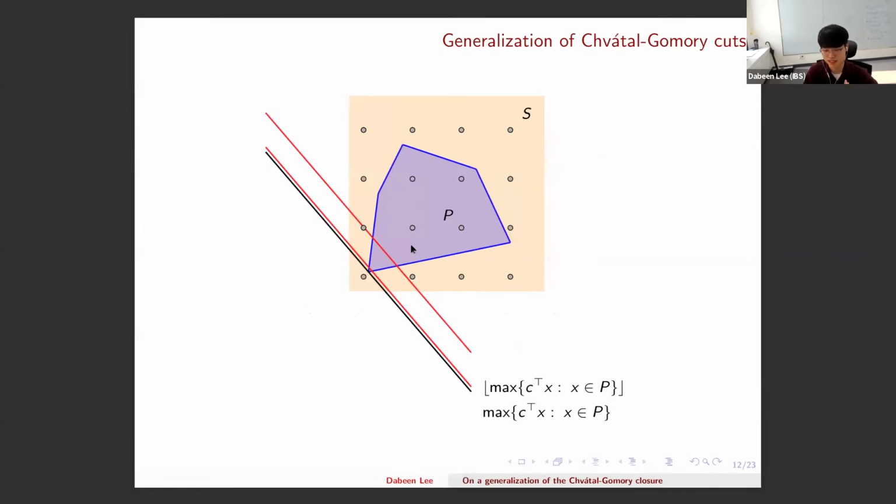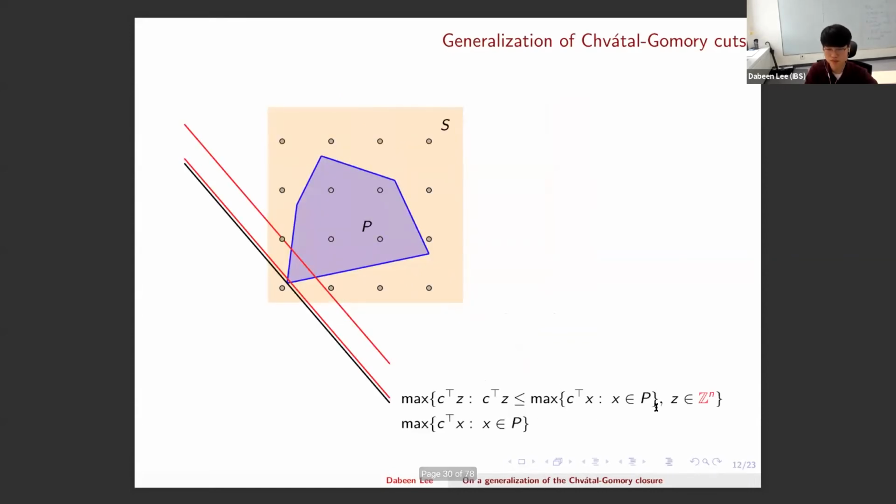Algebraically, we have this maximum value in the right-hand side, and then we took the floor of that. This floor can be rewritten as the following. You are looking at an integer point that's closest to this black hyperplane, the initial hyperplane.